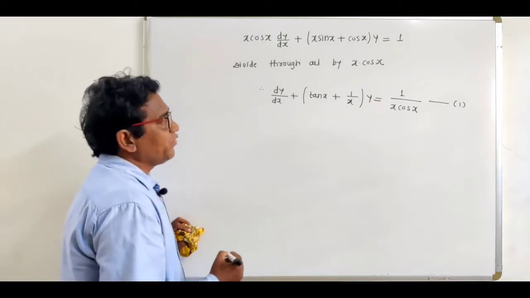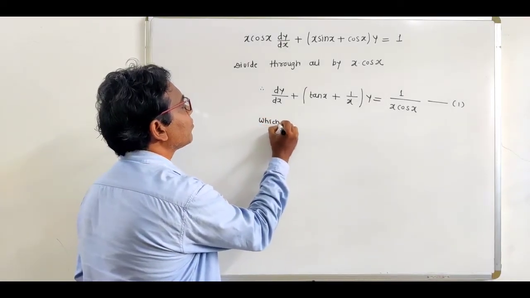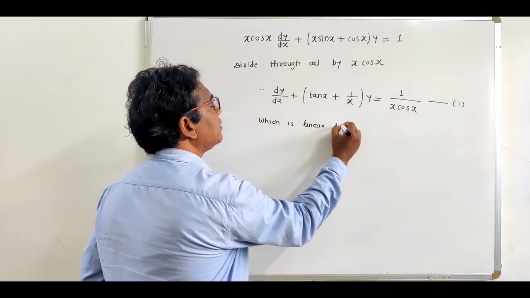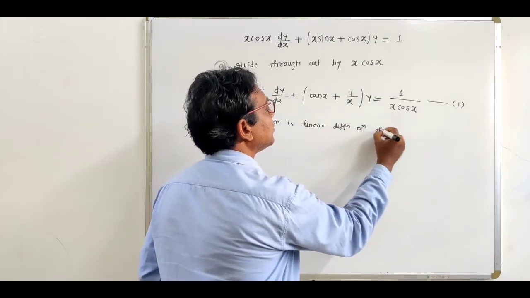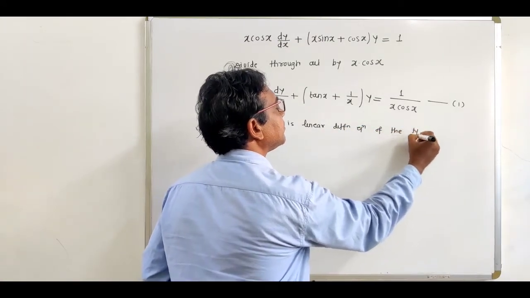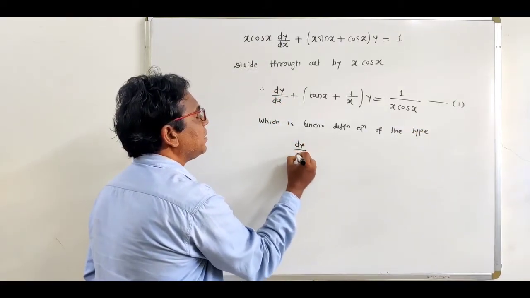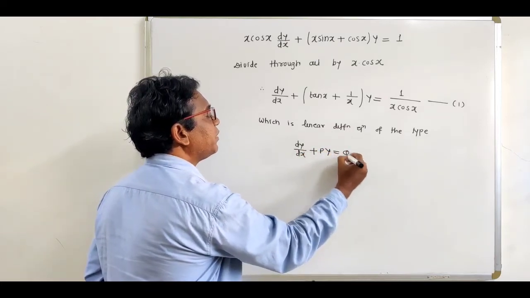So write down the identification right here: linear differential equation of the type dy by dx plus py is equal to q.